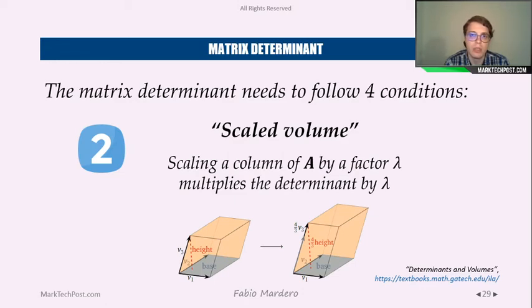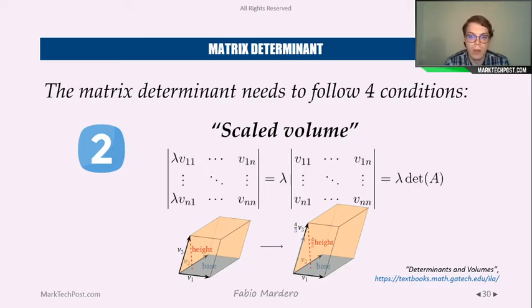The second condition that the matrix determinant should follow is the scaled volume condition. If we scale a column of A by a factor lambda, then the determinant is multiplied by lambda. We are basically scaling the volume, the dimension of A, which is our parallelepiped. Here we can represent this operation by taking the generic scaled vector, and we impose that the determinant of this matrix is equal to lambda times the determinant of the original matrix.